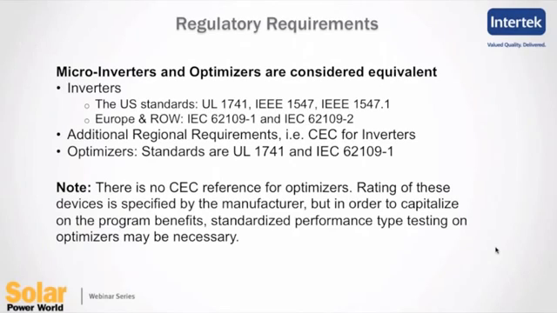For Europe, the standard that the product needs to meet is the IEC 62109, which is also the standard that's commonly used in the rest of the world. So IEC standards, as most of us know, are considered the more global, more international, and so 62109 would be something you'll have to consider before you could take the optimizers or the microinverters to the market globally, and 1741 in the U.S. There are some additional regional requirements.